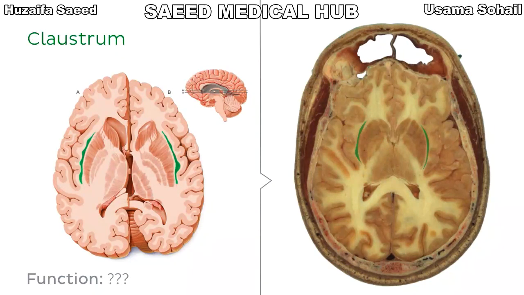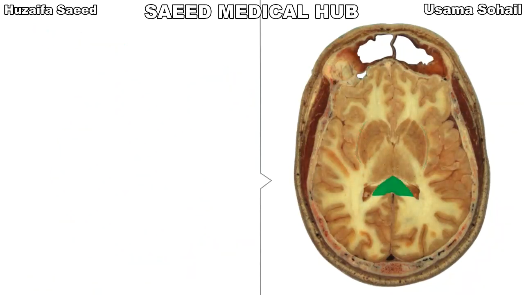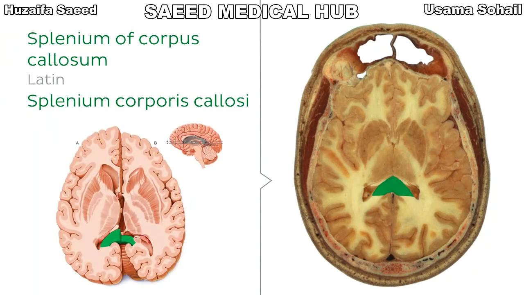The last major structure that we can see localized to the center of the cross-section image is the splenium of the corpus callosum. The corpus callosum is another white matter structure that connects the left and right hemispheres together and allows for the exchange of information between these two hemispheres.